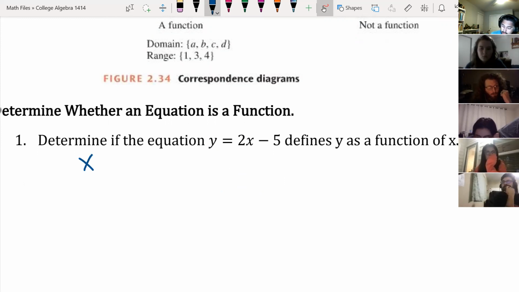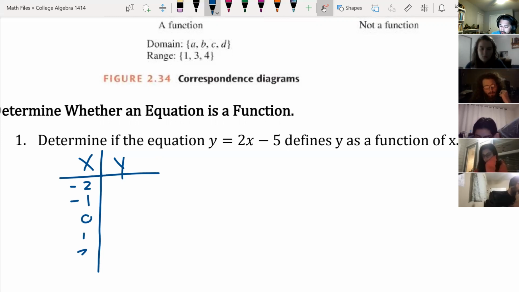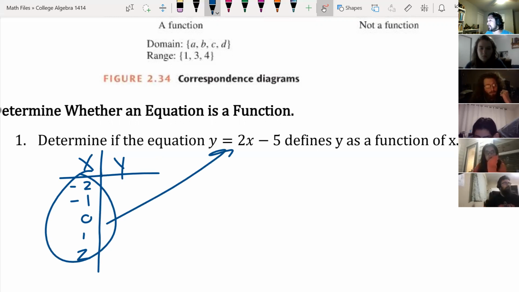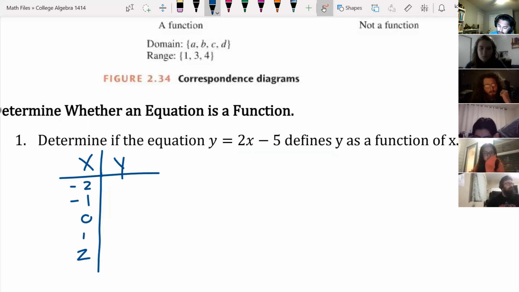So if I just made a quick XY chart, and let's just say I picked -2, -1, 0, 1, 2. Just pick some common points here. I take all these X values and I plug them in for X into this function. So that would give me -4 minus 5, -9, -7, -5, -3, and -1.